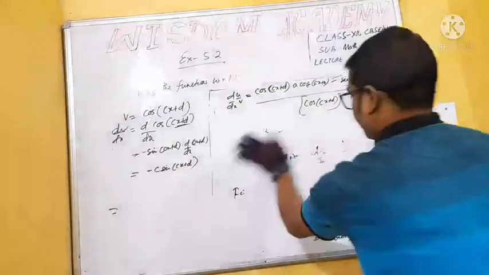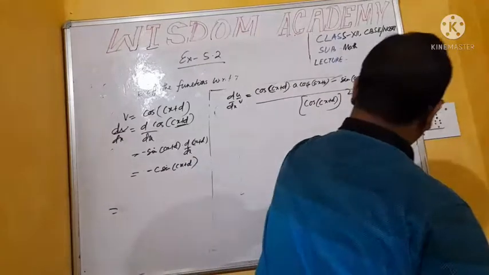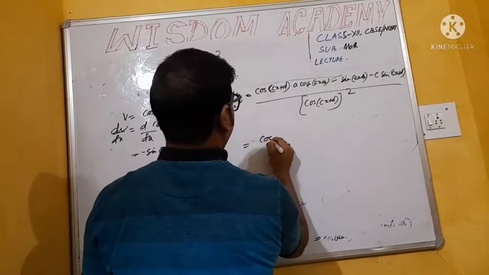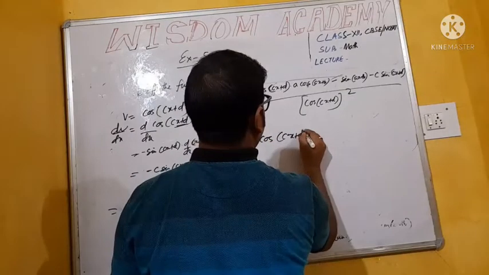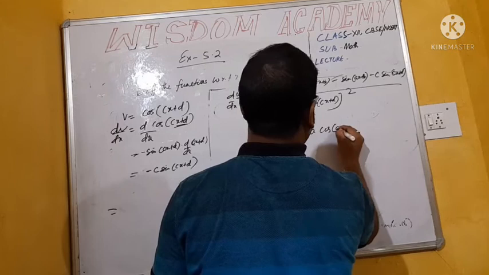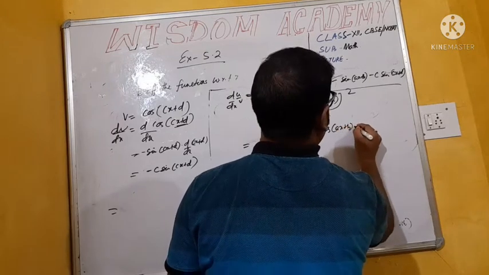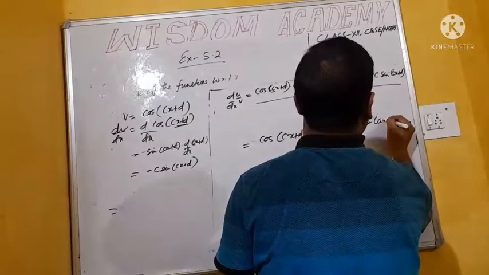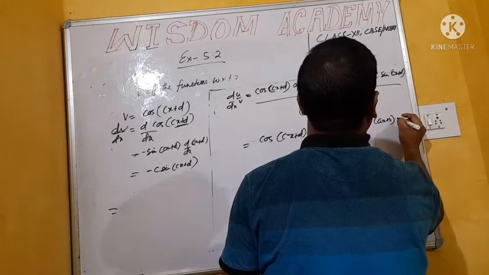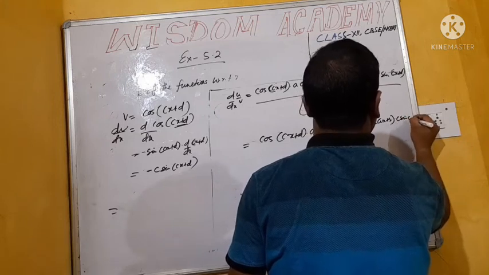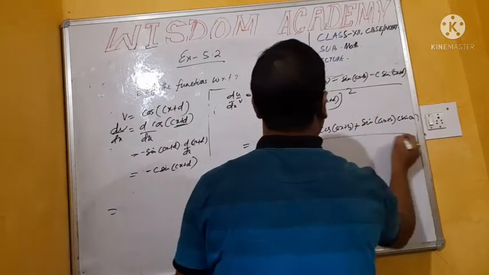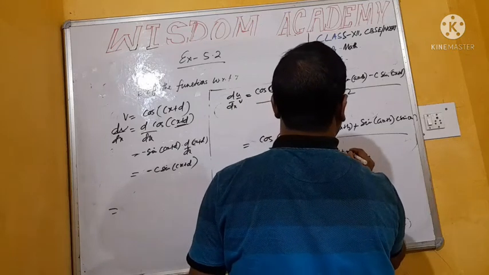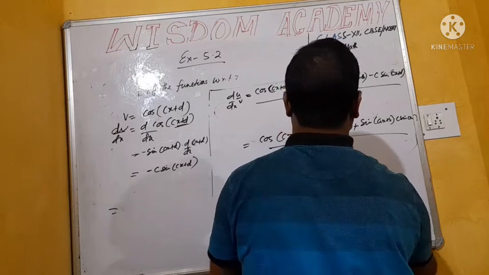Then you can write cos cx plus d into a cos ax plus b minus, minus that is plus, sin ax plus b into c sin cx plus d upon cos square cx plus d.